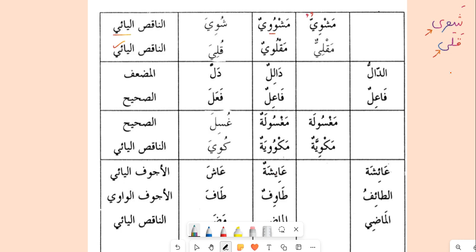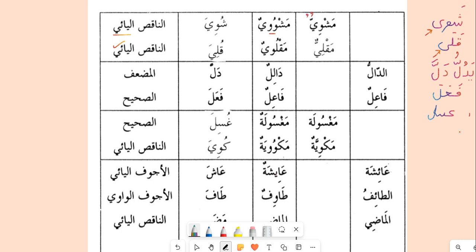Dalla comes from the mud'af, so it is dalla, yadullu. Fa'il, fi'l sahih. There are no weak letters. مشغول, sorry, مغسول, it is غسل, and يغسل.